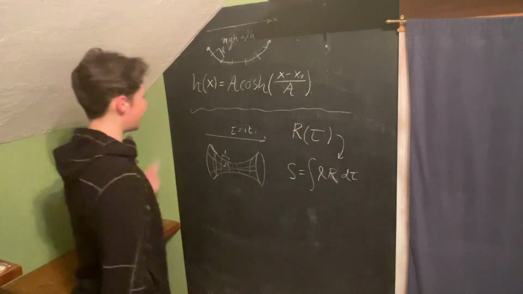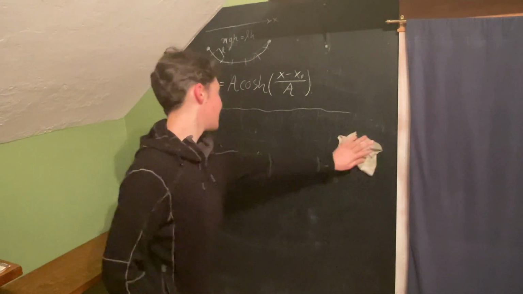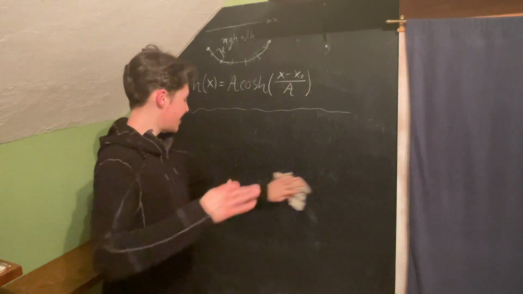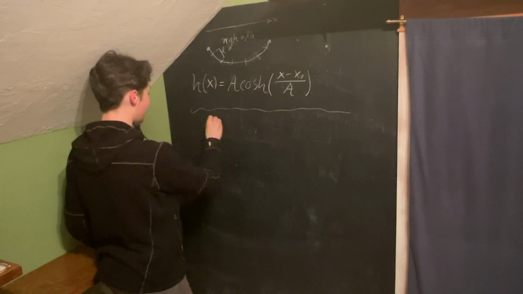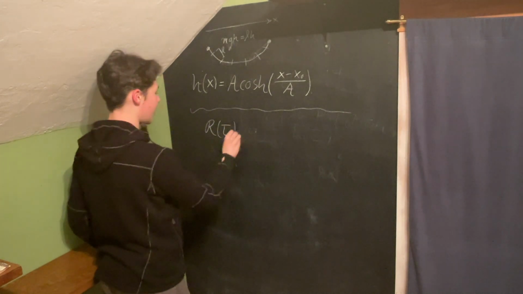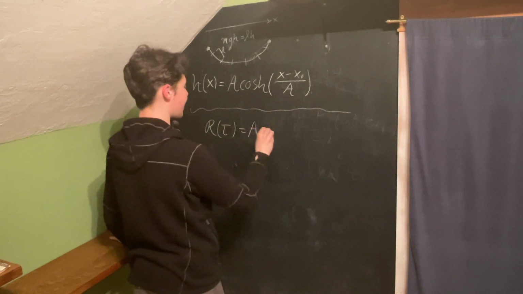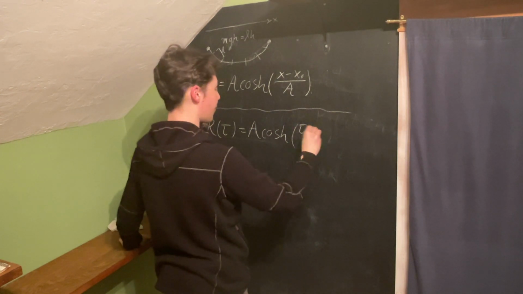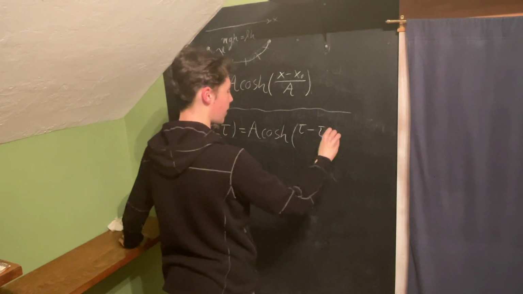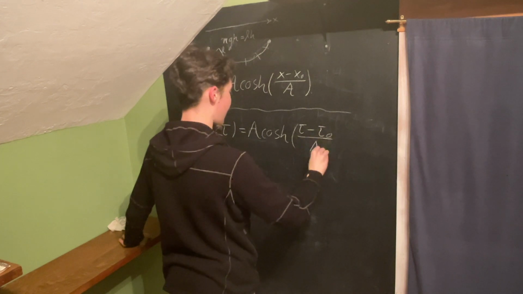And that means that, one step up the layer of jumping between systems backward, we can say that r of tau equals the exact same thing, a hyperbolic cosine of tau minus tau naught over a.